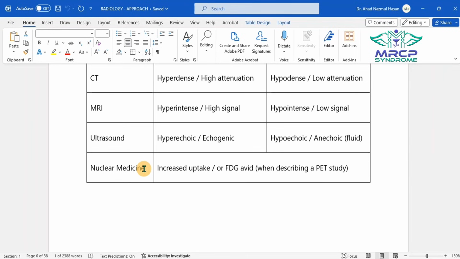If you find a single FDG avid lesion, it may be either benign or malignant. But whenever there are multiple areas of FDG uptake, it is most likely metastasis.